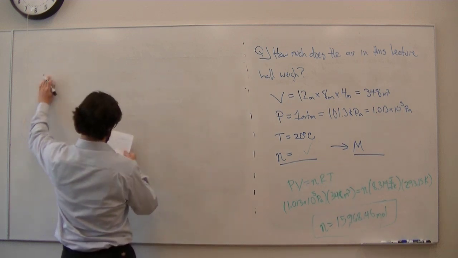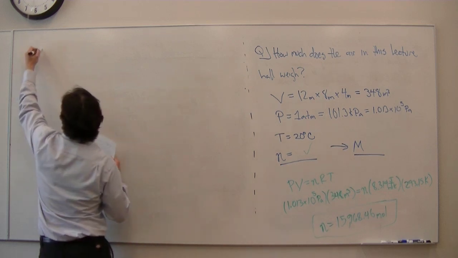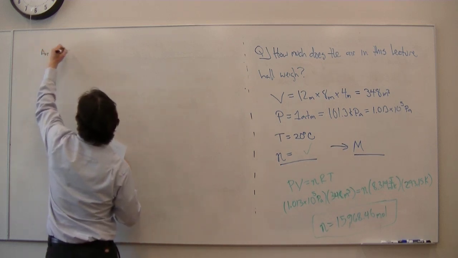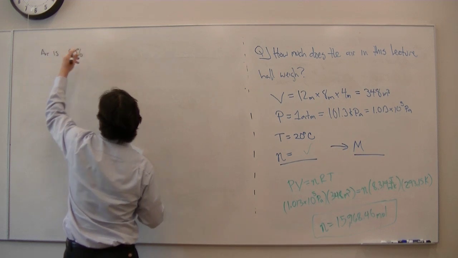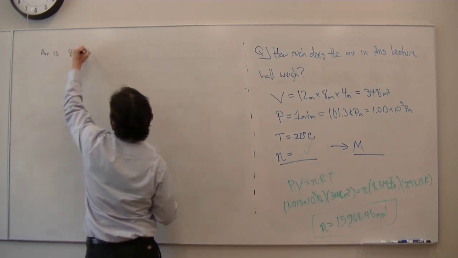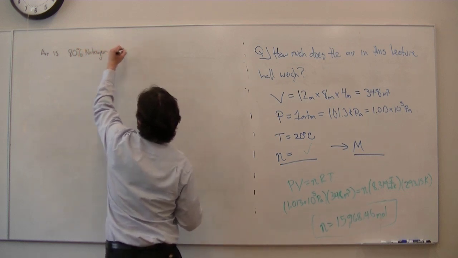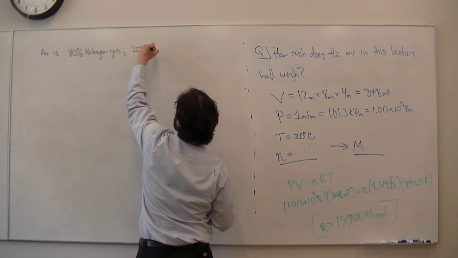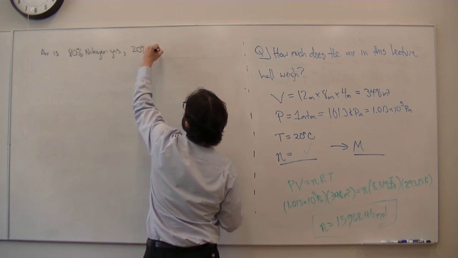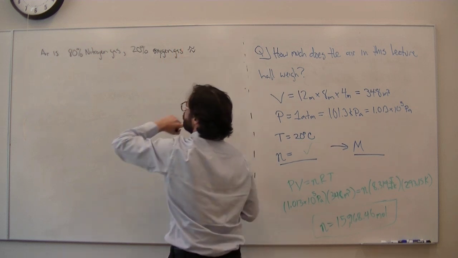So let's do this the right way. Air is approximately 79 and 21, but call it 80% nitrogen gas and 20% oxygen gas, ish.